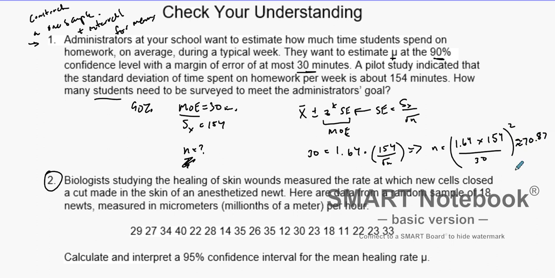But obviously you can't survey a fraction of a student, so we round up, and we have an n value of 71 students. That's what we're looking for here.